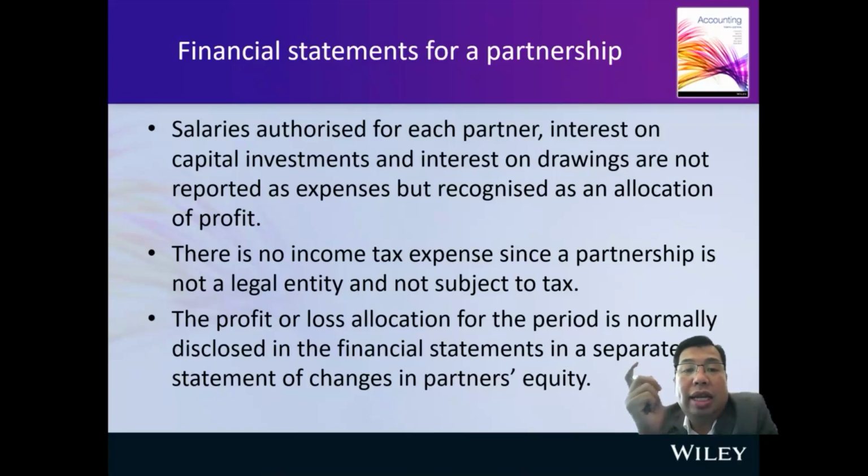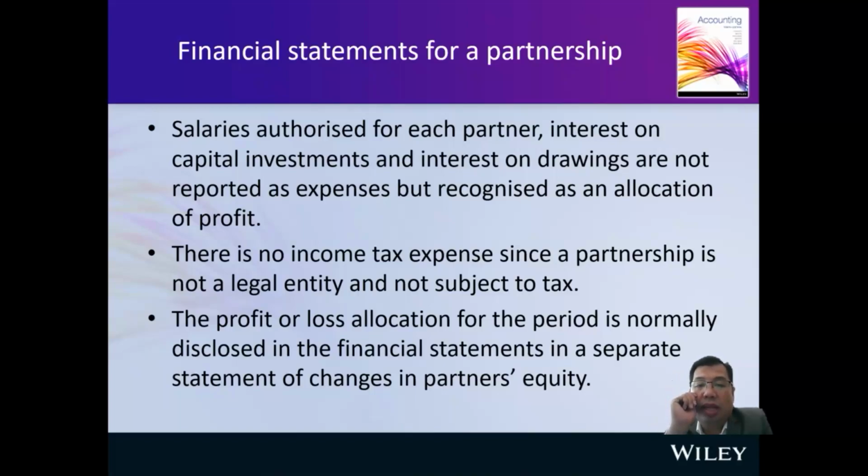Okay. Salary authorized for each partner, interest on capital investment, and interest on drawing are not reported as expenses. We're not going to put it as expense, but we're going to put it as allocation of profit. So your profit that you report is before deducting the salaries for partners, before deducting the interest on capital, or before adding the interest on drawing.